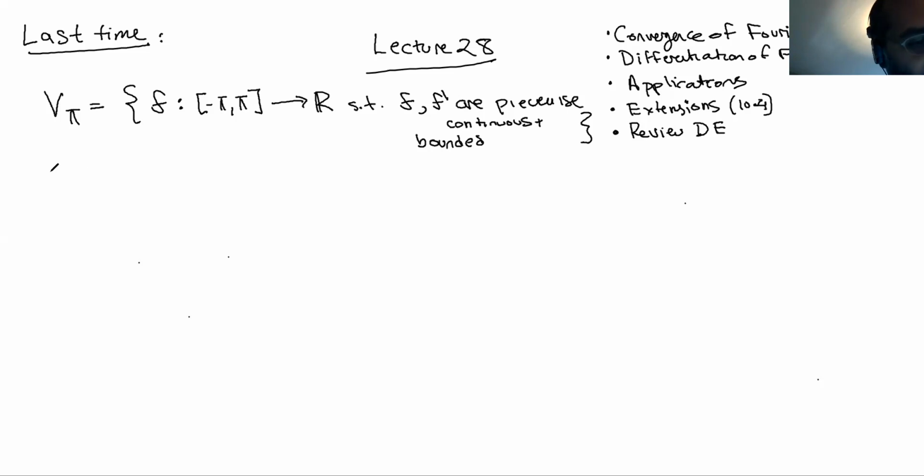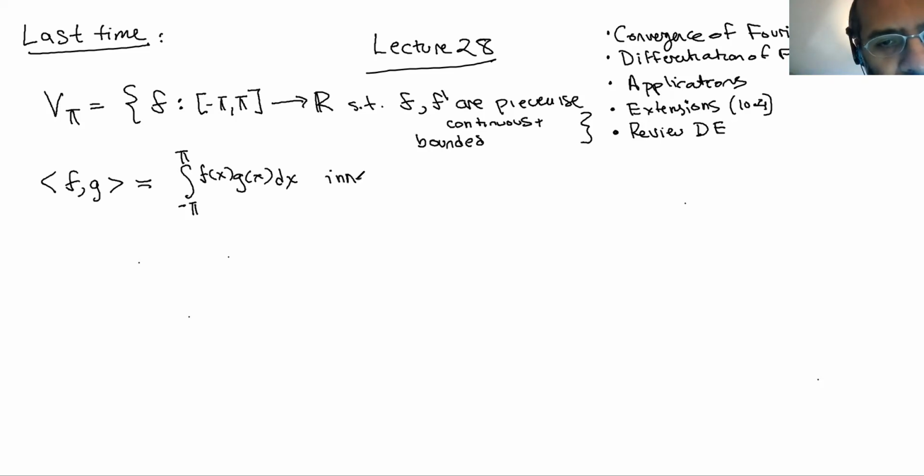Okay, so we have this vector space, and then we turned it into an inner product space by defining this inner product, which was an integral. And this was a generalization of the dot product, and maybe I should have mentioned earlier, it even looks like a dot product.